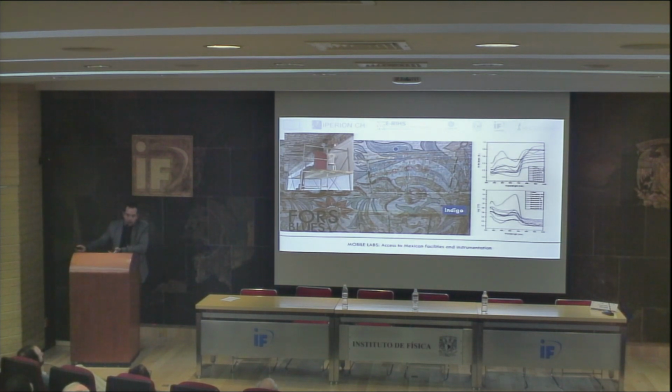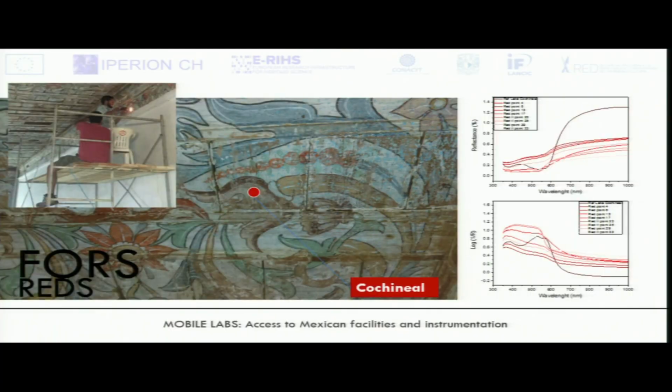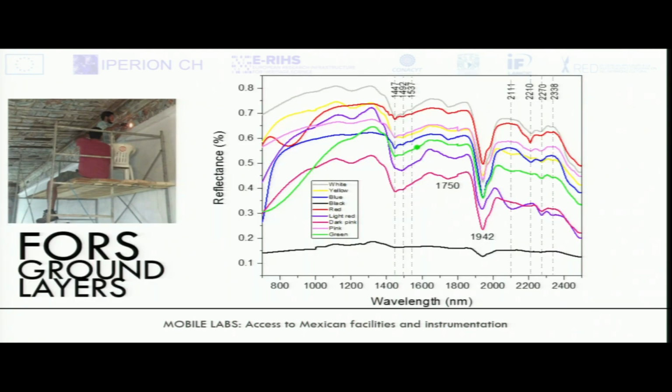It was an organic dye that we identified by FORS, and it's very far away from the usual place where we can find indigo in the Mayan area. And we also found cochineal in these shaded red flowers. And all over there we found gypsum; we confirmed the presence of gypsum with the FORS.